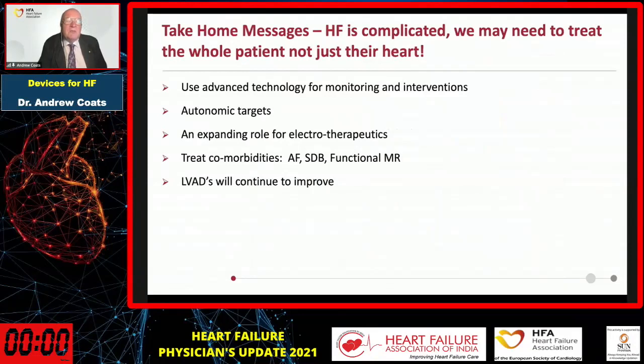So we have treatments for sleep apnea, we have treatments for baroreflex activation, blockade of the sympathetic nervous system, which are non-cardiac, autonomic targets, an expanding role for electrotherapeutics, treating comorbidities such as sleep disordered breathing, functional MR, and of course, we will see further improvement, miniaturization, and better batteries for left ventricular assist devices. Happy to stop there and take any discussion or questions.